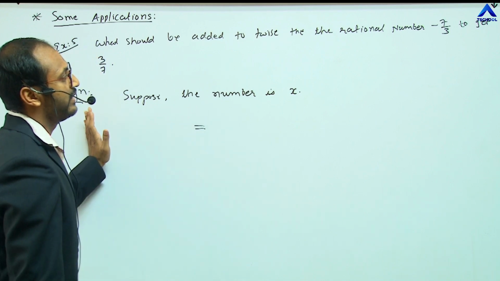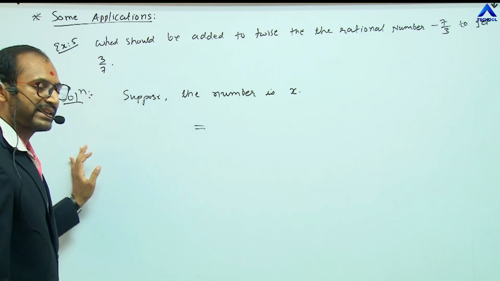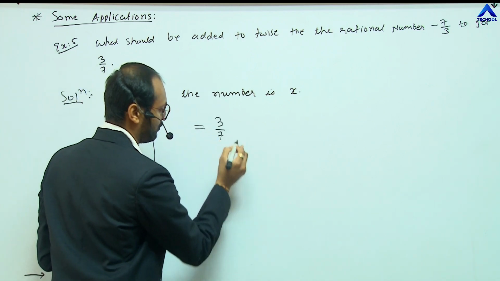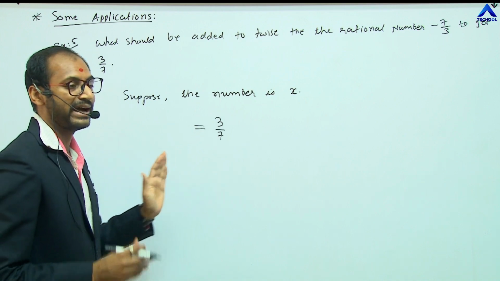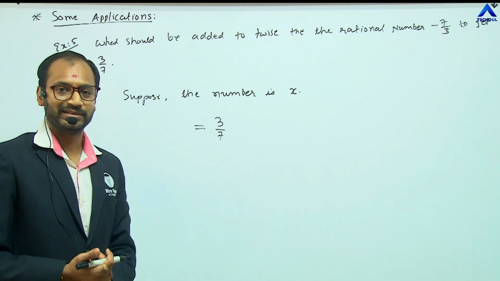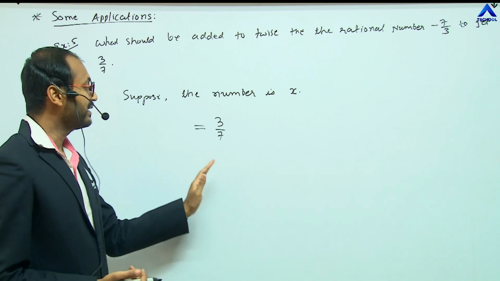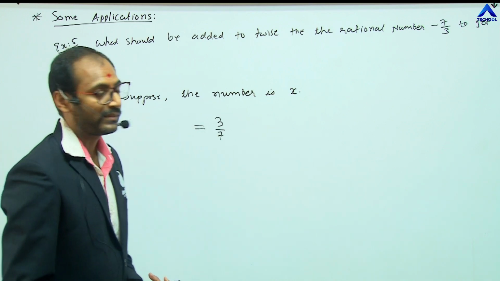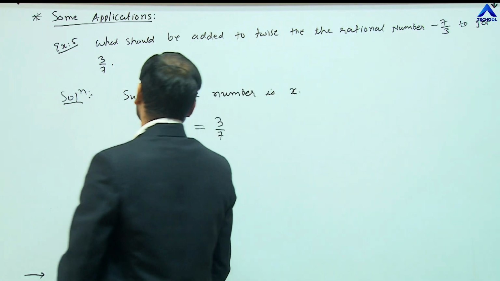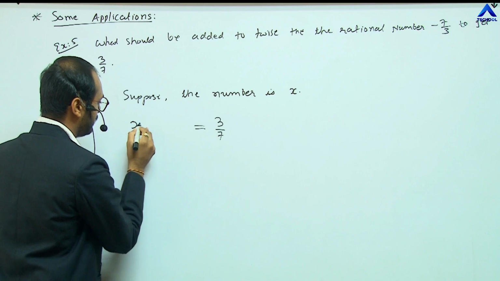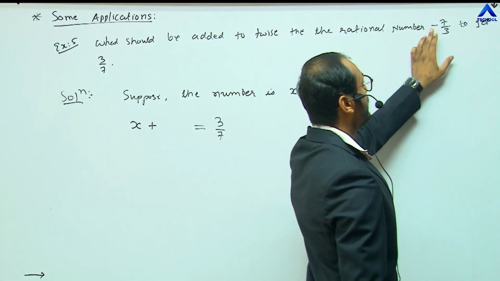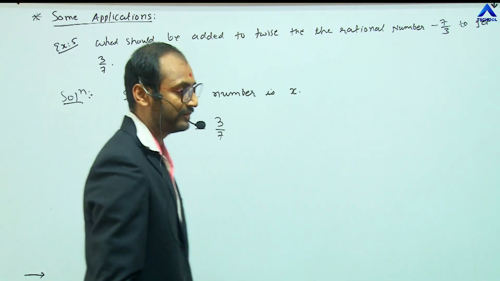Now what is our result? To get 3 by 7, that means the result is 3 upon 7. The right hand side, RHS, of the given equation is 3 upon 7. Clear? Now what is the LHS, left hand side? There is the addition of two things: x, which is the unknown number, plus twice the rational number minus 7 upon 3.